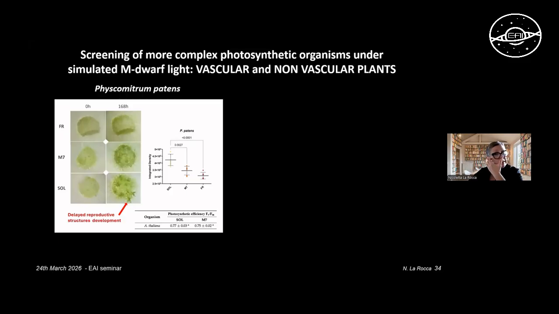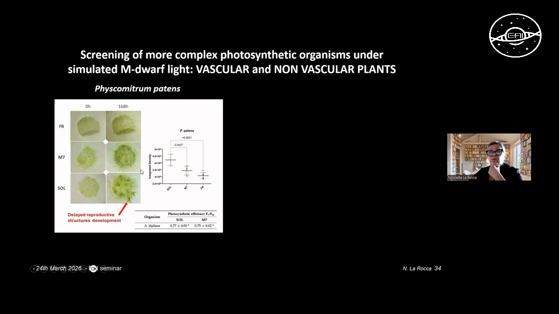Then we also considered plants, vascular and non-vascular plants. We analyzed the responses of a modern moss, Physcomitrium patens, to the different light spectra, and we observed the reduction of growth under M-dwarf light with respect to the solar light. The moss wasn't able to grow under infrared light, obviously.